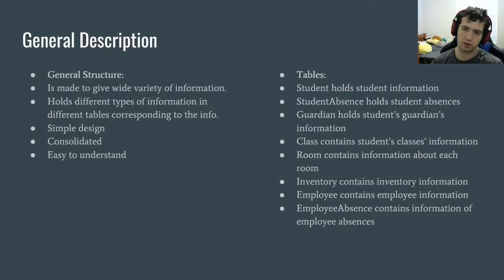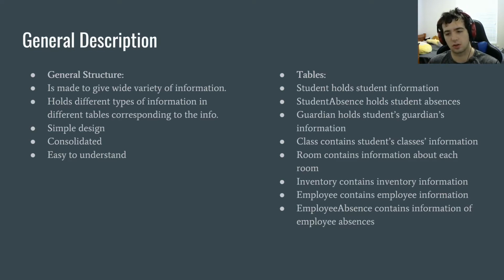So now I'm going to go through my tables. First, I have the student table, which holds student information such as student ID, student name, and the student balance. So, pretty important things about the student. Student absence holds their absences. So if they got an absence, then it'll be stored in student absence instead of student.